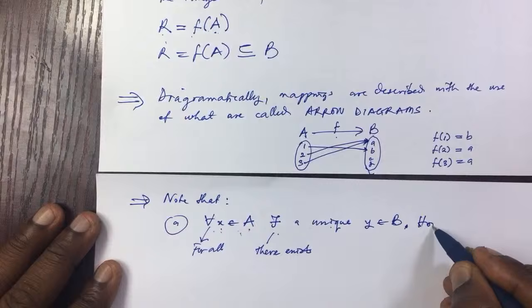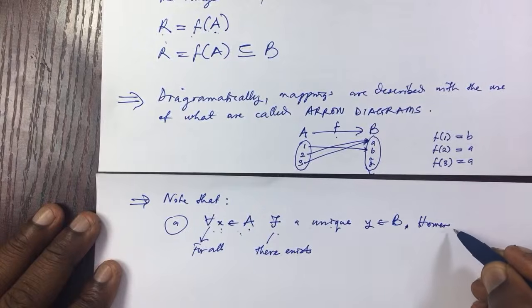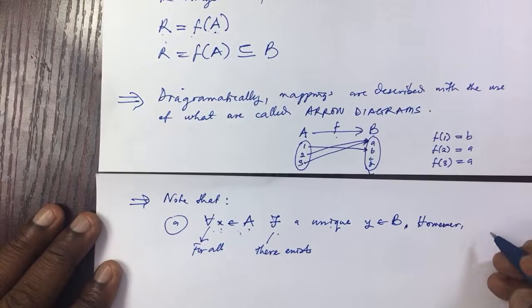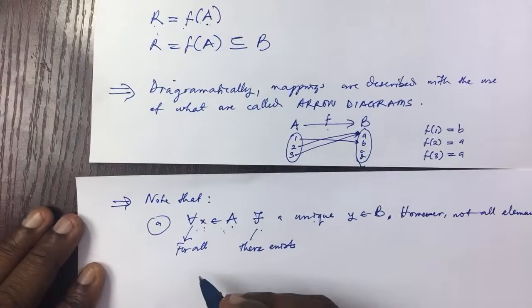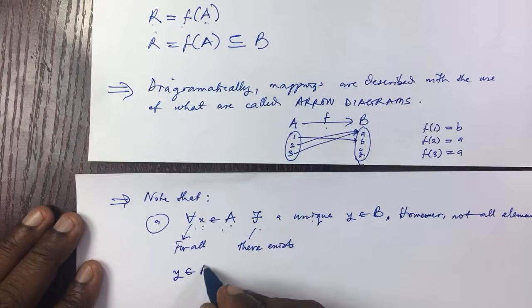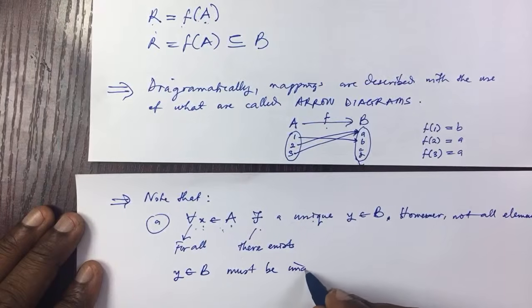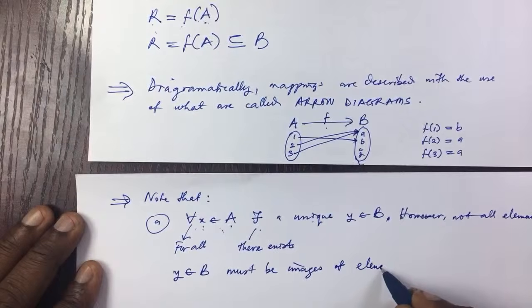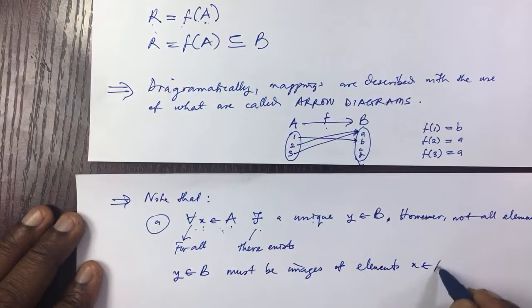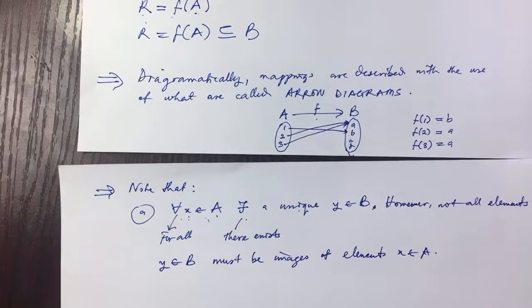However, that is in the case of a mapping. However, not all elements y being members of B must be images of elements x in A. Now, what does that mean?